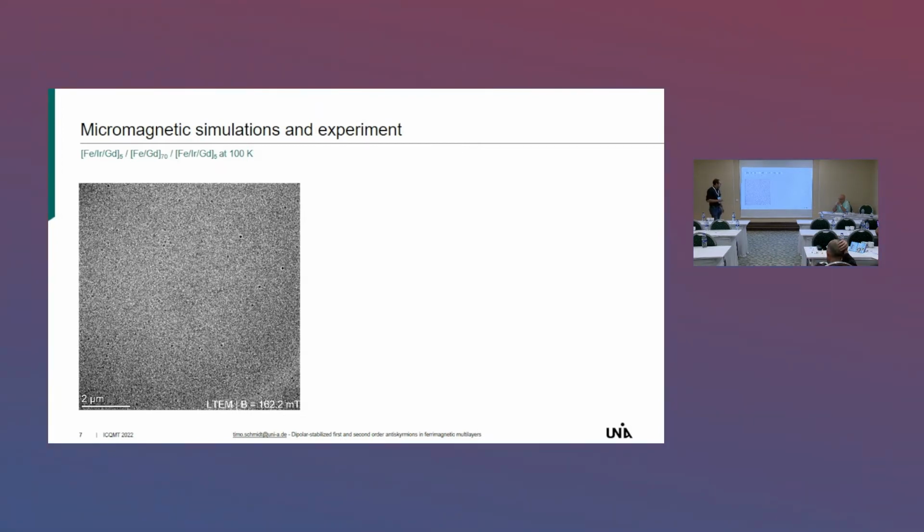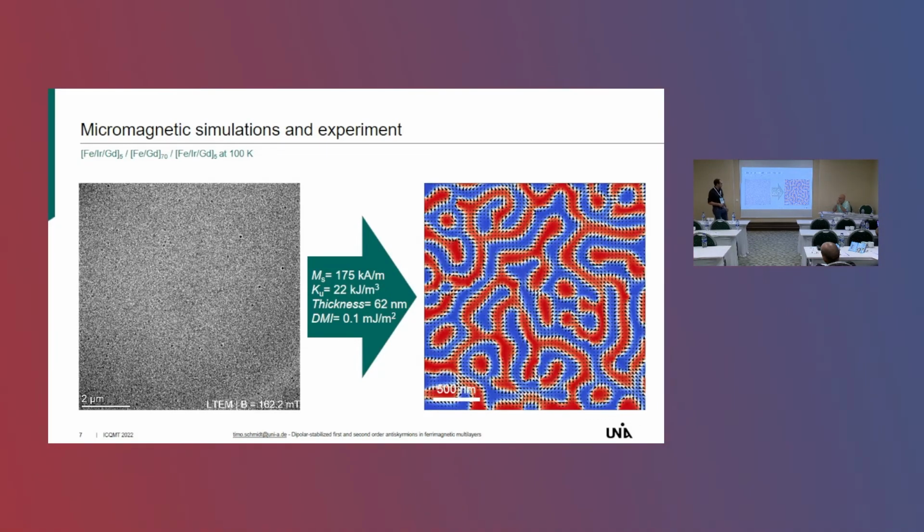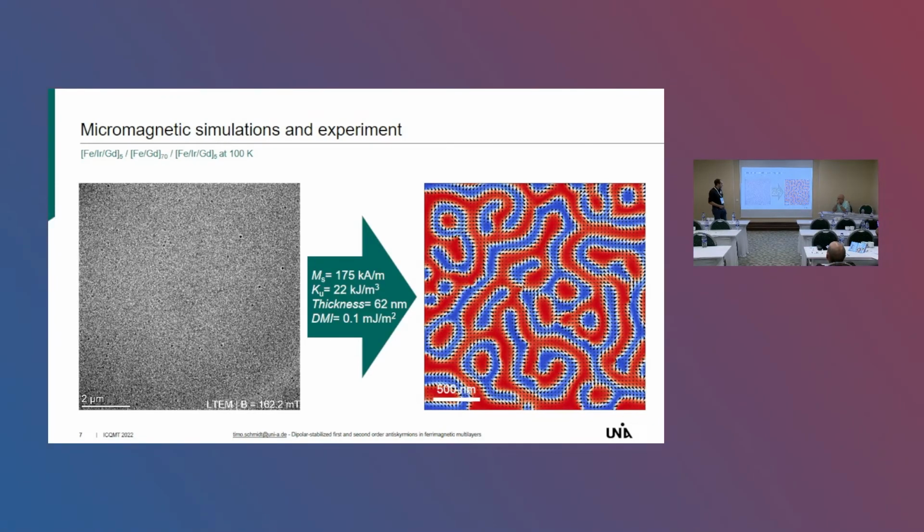Yes, that was for the experiment, and our friends from Vienna, thank you, Sabri, also did some micromagnetic simulations for us with these parameters. I also have a film for that. So we have a more zoomed-in picture of our structure, and we can see these walls getting smaller.